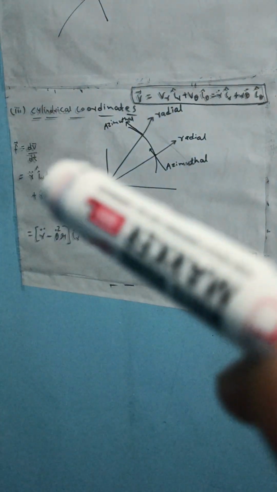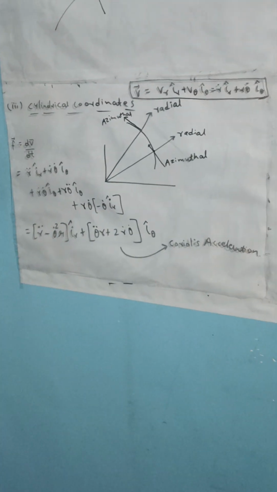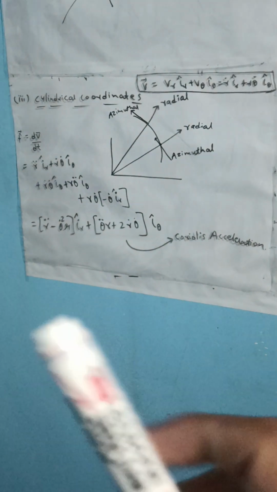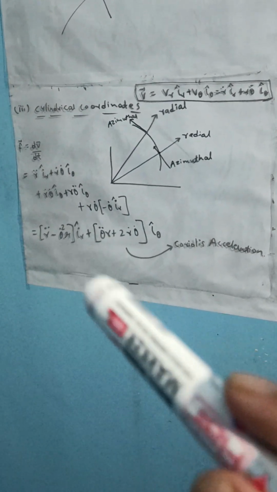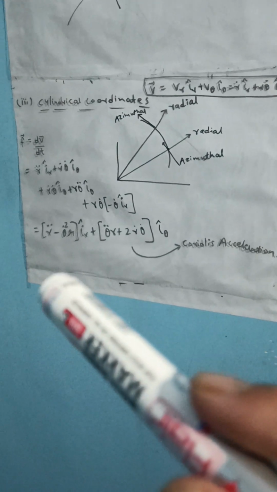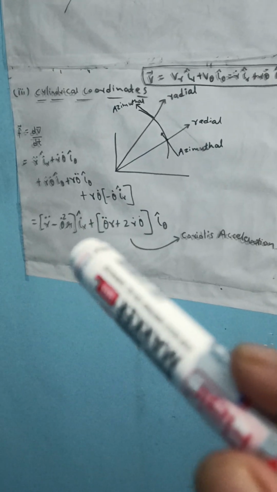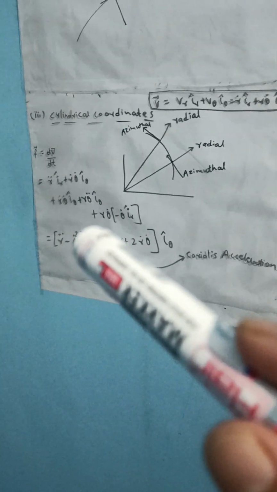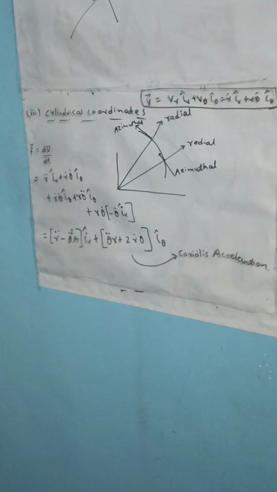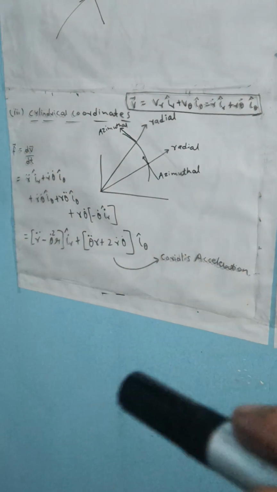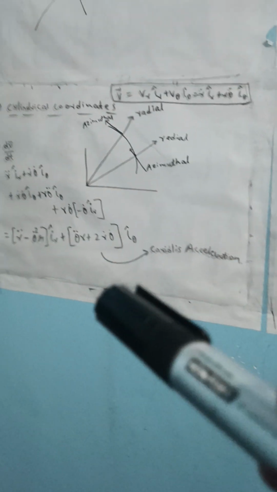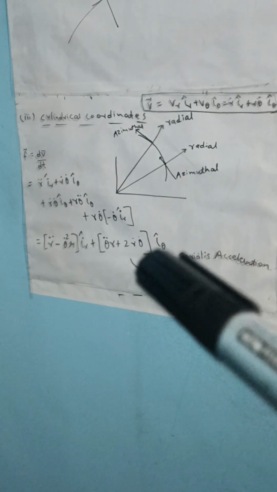So acceleration is dv by dt. We differentiate these terms, and after differentiating we will get this. We will get r double dot minus omega square r, or theta dot square r, ir cap, plus theta double dot, the double derivative of angular displacement, called angular acceleration alpha, plus 2 r dot theta dot.